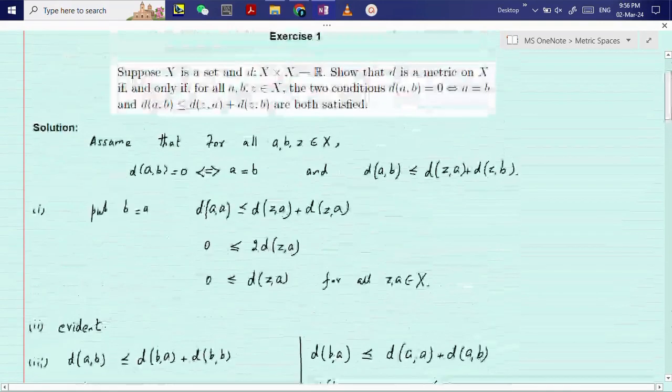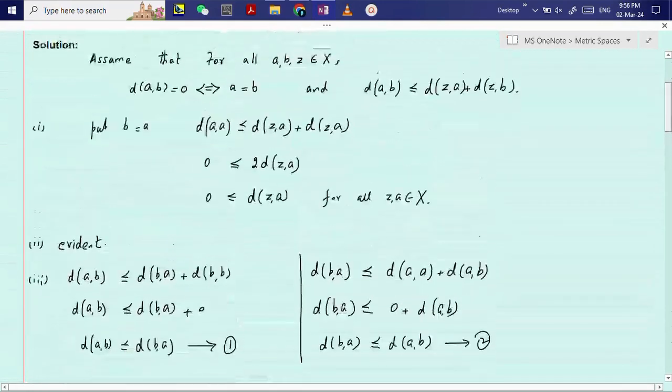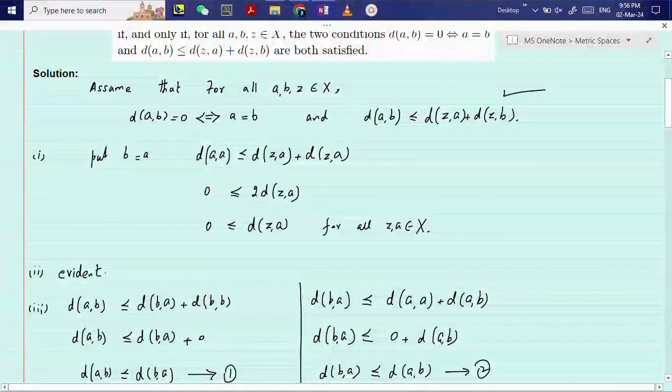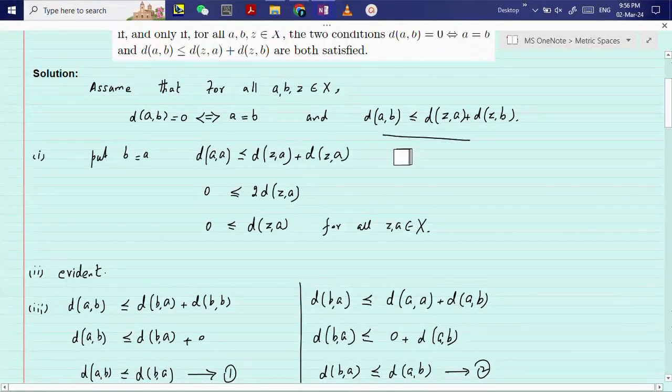What is the reason here? Because we use this inequality, and this inequality holds for all A, B, Z belongs to X.